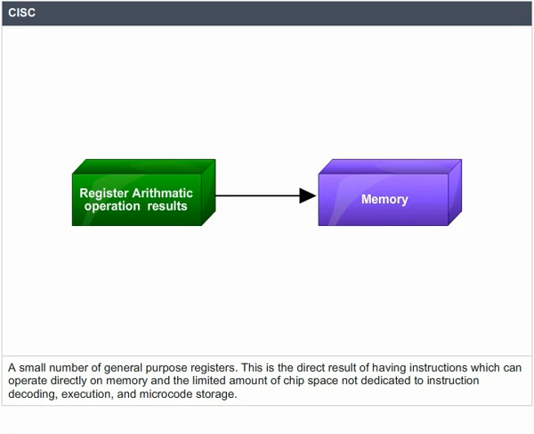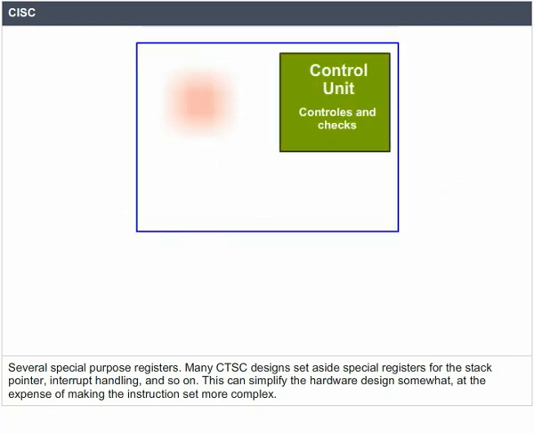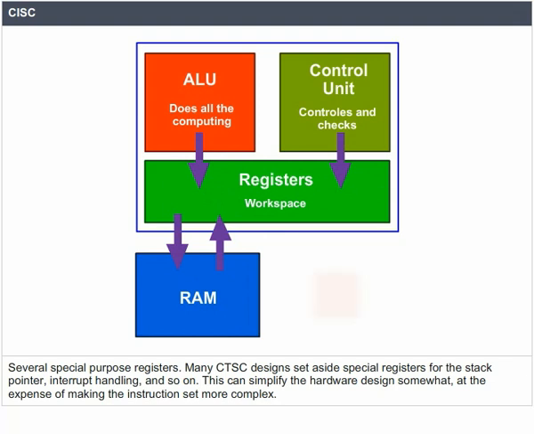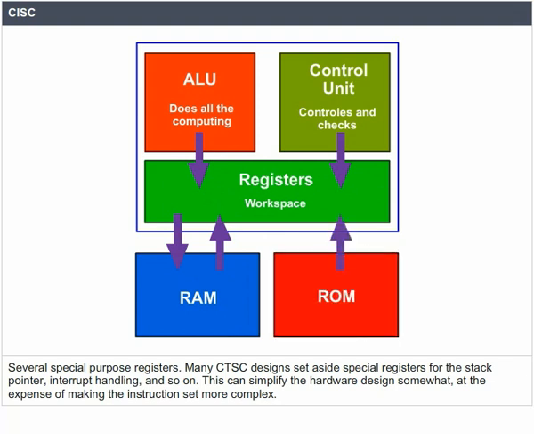Several special purpose registers. Many CISC designs set aside special registers for the stack pointer, interrupt handling, and so on. This can simplify the hardware design somewhat at the expense of making the instruction set more complex.